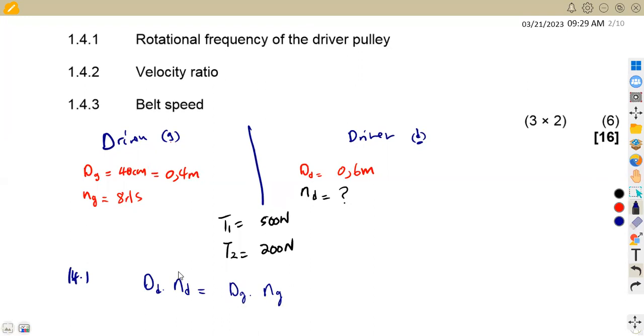If this is in revs per minute, this must also be in revs per minute. If this is in revs per second, this must also be in revs per second. We are given revs per second, which means our nd is supposed to be also in revs per second. So we can calculate nd by dividing by d, the diameter of the driver.